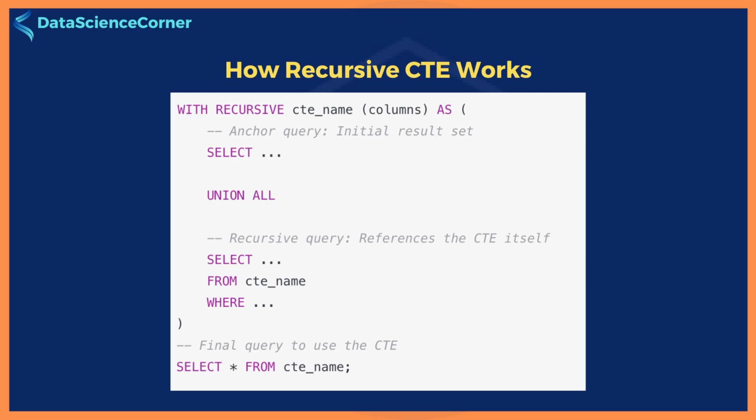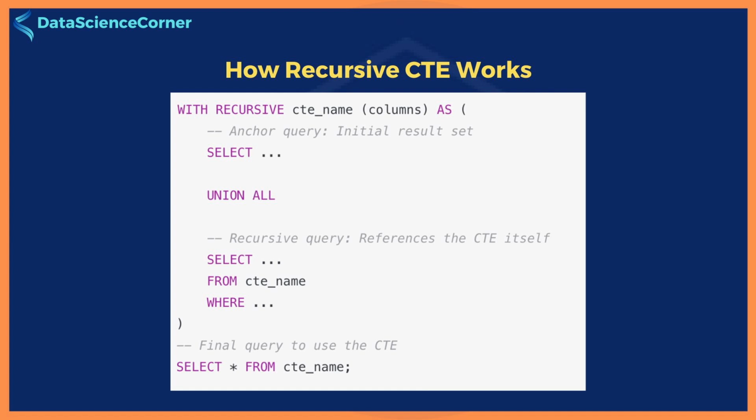Now, how it works is the anchor query runs once and provides the initial data for the CTE. So this anchor query will be running once, then provide the initial data for the CTE. Then the recursive query will repeatedly process the data returned by the previous iteration, adding new rows to the result set.